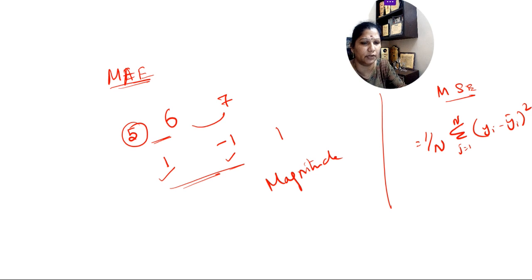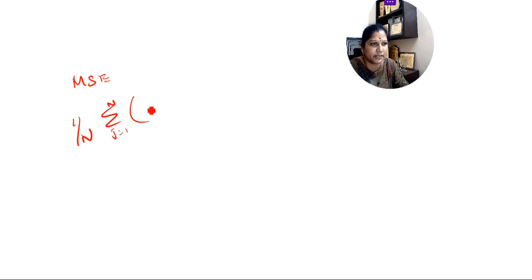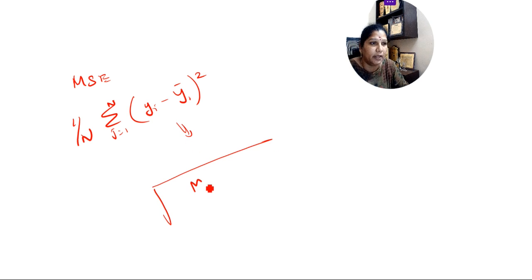Let me give you the formulas. Here this is mean square error: 1 by n summation of j equals 1 to n, original minus predicted, the whole square. And what about root mean square? Of course, the root of this MSE, that is RMSE.